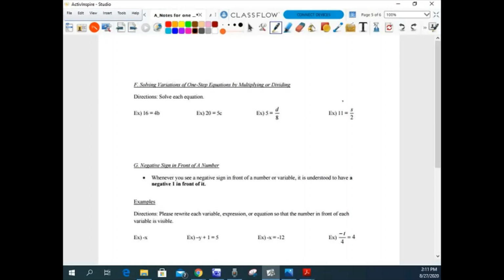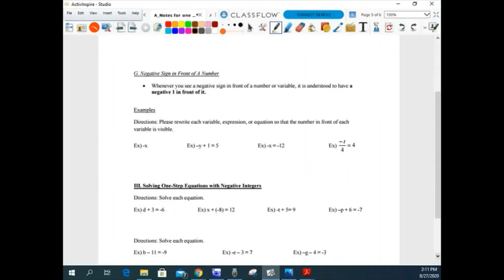The last little bit that we need to talk about is a negative sign in front of a number. Whenever you see a negative sign in front of a number, it is understood that you have a negative 1 in front of it. Same thing like we had earlier. Instead of negative x, it's negative 1x.